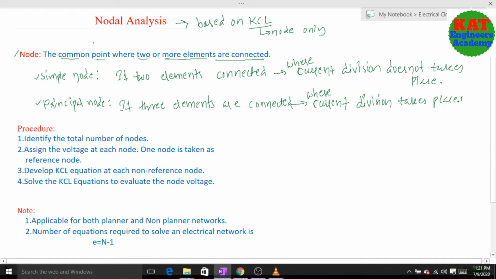Now whenever we go for nodal analysis, whatever nodes we are using, that node is to be a principal node only.